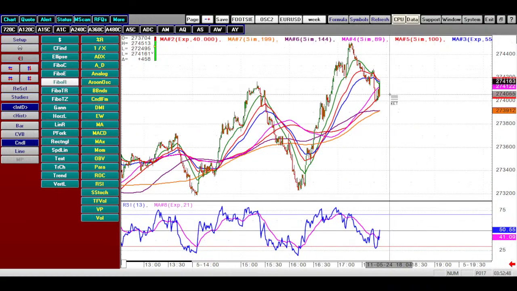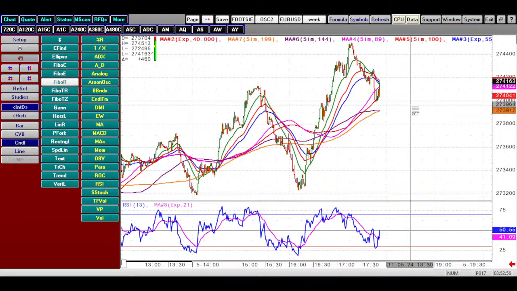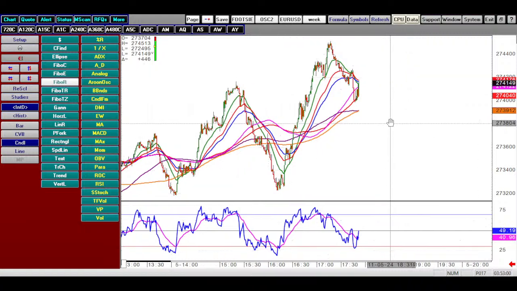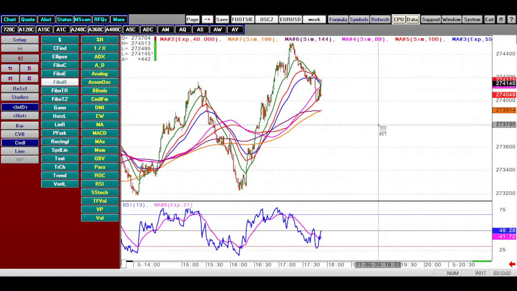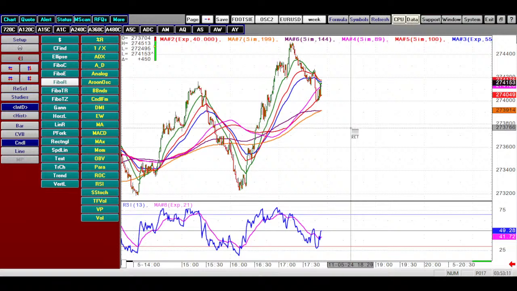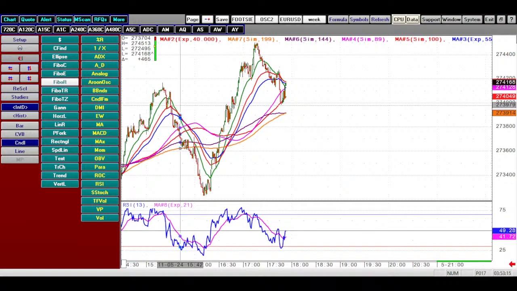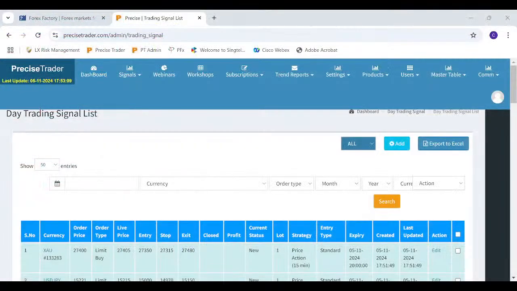But of course, if your 39... I think 38 half should be a better level, but never mind. Since we entered, we should have got it $1 cheaper, but at least I think we can stay comfortable on this trade. So with that I think I will conclude this session, and I'll see you again at 2100 hours.